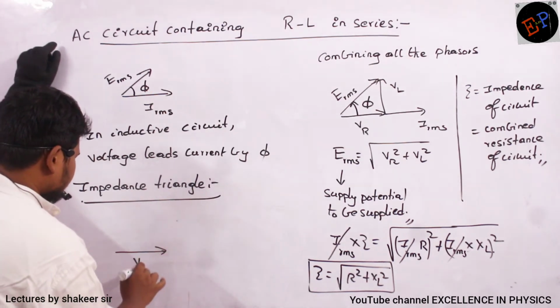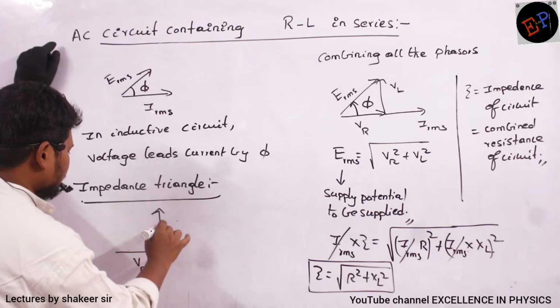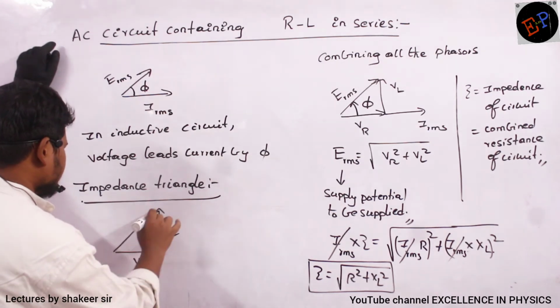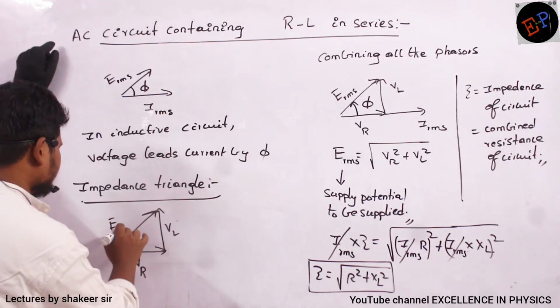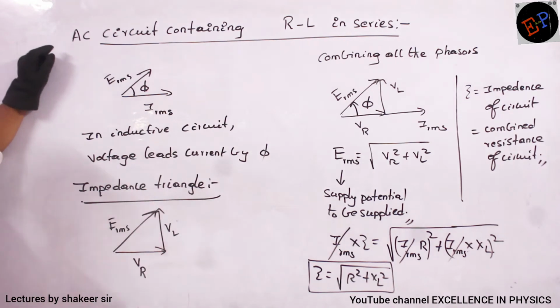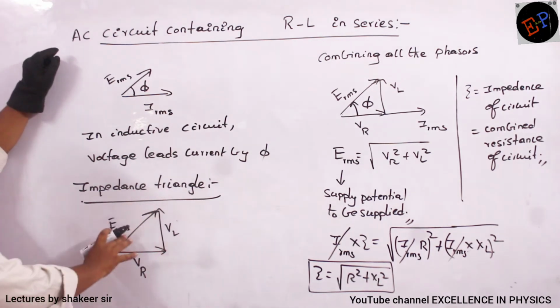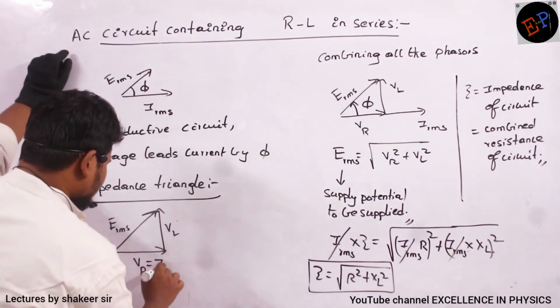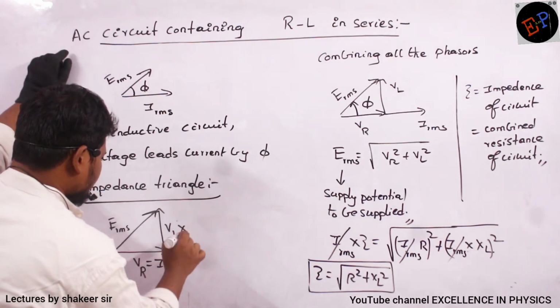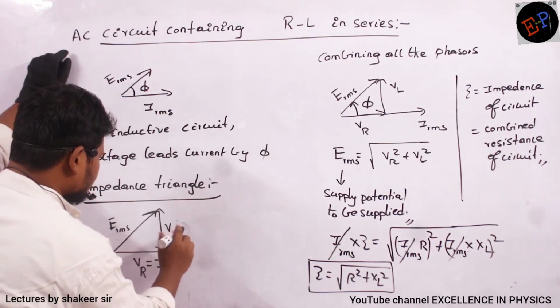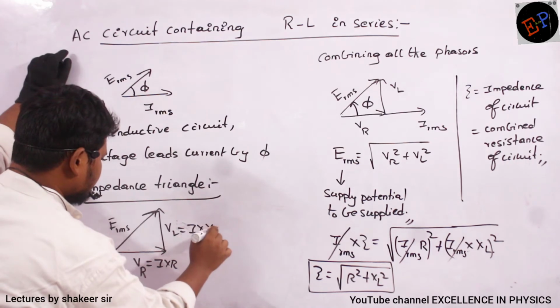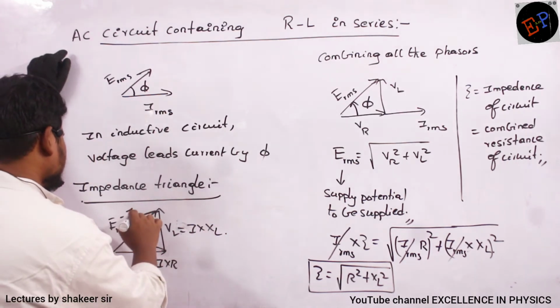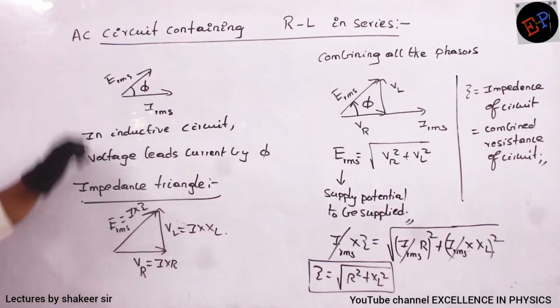This is VR, this is VL, and this is ERMS. Clear now? So I got a right angle triangle here. Now this VR can be written as I into R. VL can be written as I into XL. ERMS can be written as I into Z. This is how I can write now.